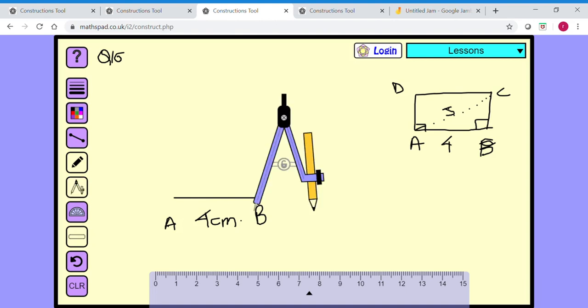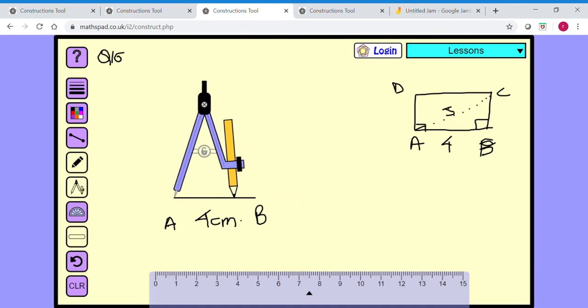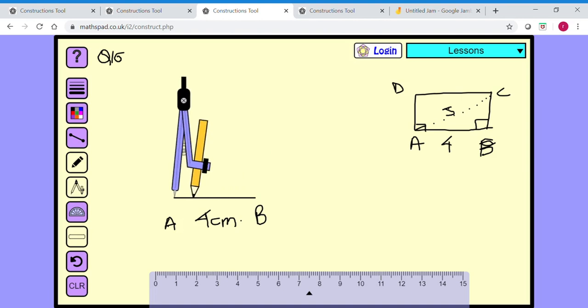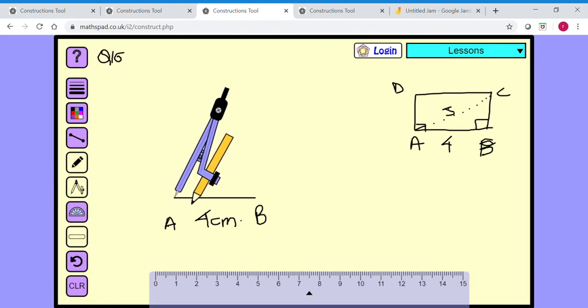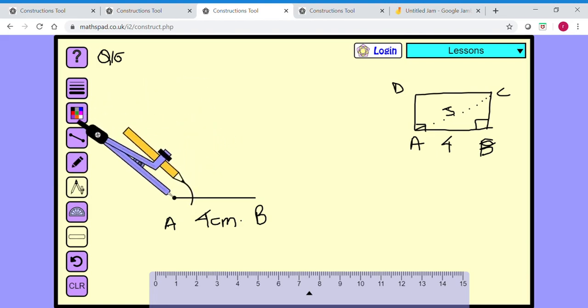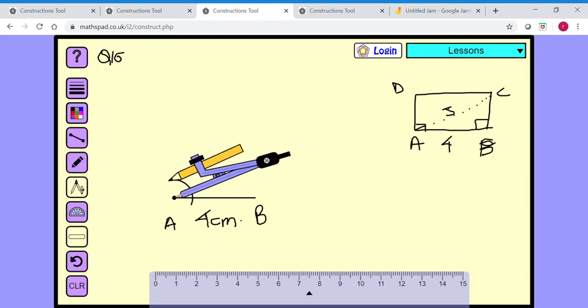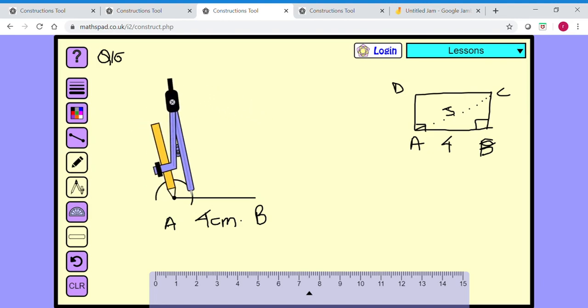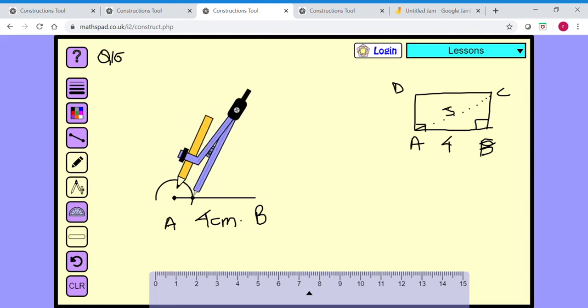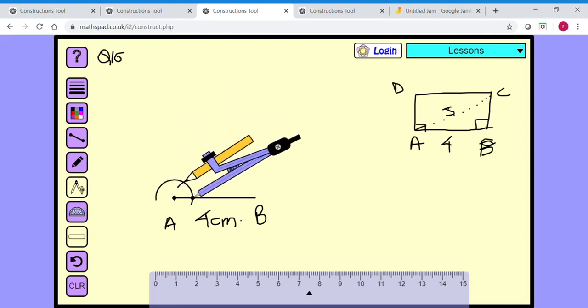Now I need two 90-degree angles here. So let me take my compass, keep it at A, open it to an extent, and make a semicircle. Done. Without changing the span, I keep it at the point and I mark my 60-degree line.